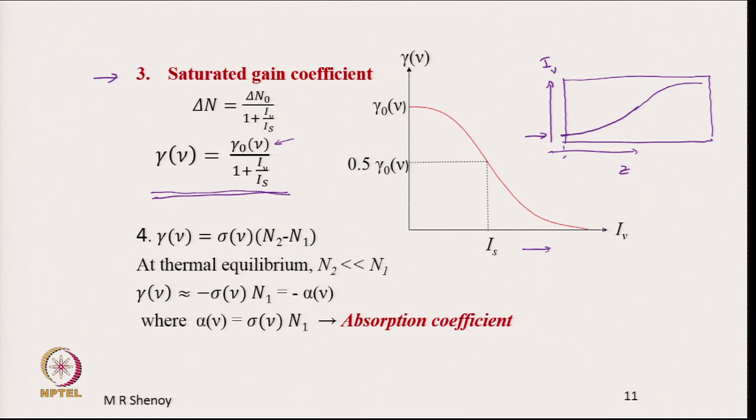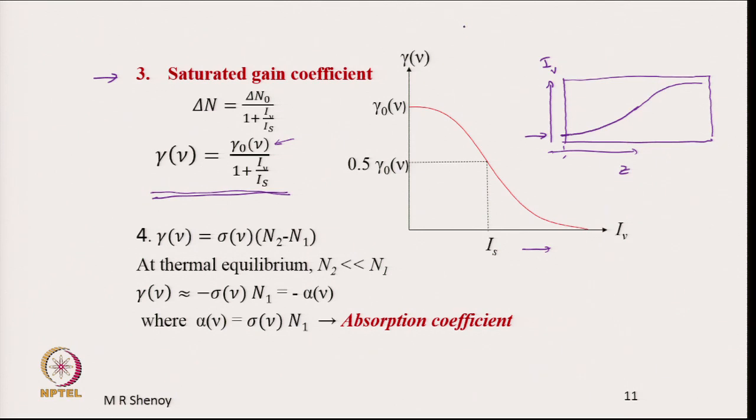If the gain coefficient comes down to 0, that means e to the power of gamma into z is 1, and therefore, the intensity would become constant. That is the importance of this saturated gain coefficient. In a single pass, whenever the intensity becomes more, that is approaches Is, the gain coefficient starts dropping down.